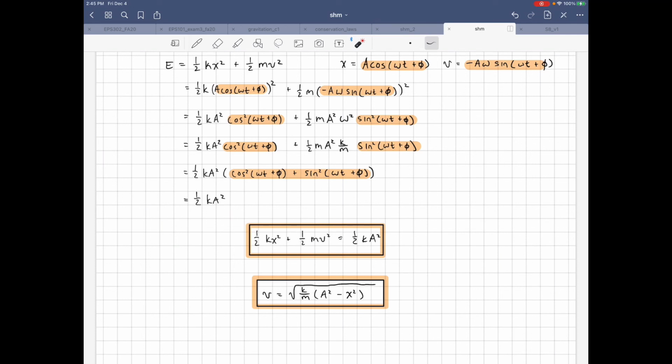If the spring is not compressed at all, so if x is equal to 0, then that's the maximum velocity that the object can have. And then at some point, the compression or the stretch will be equal to the maximum displacement, and then this will be 0, and the speed will be 0, right? So those are the ranges of values that you can have for the speed.